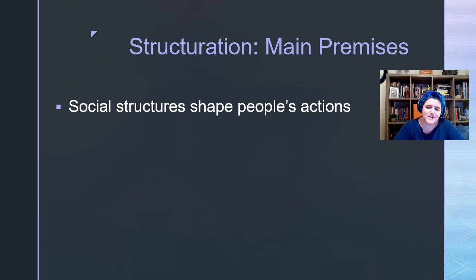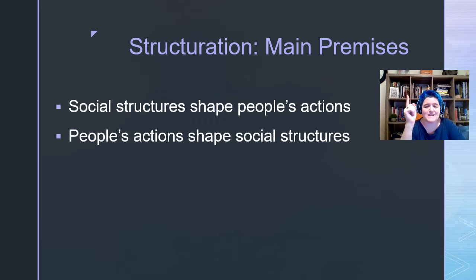These social structures act on us and they shape our actions and they tell us what we should and shouldn't do. But our actions also shape the social structures. We ourselves as humans, we make the laws and we make the way that the world works.